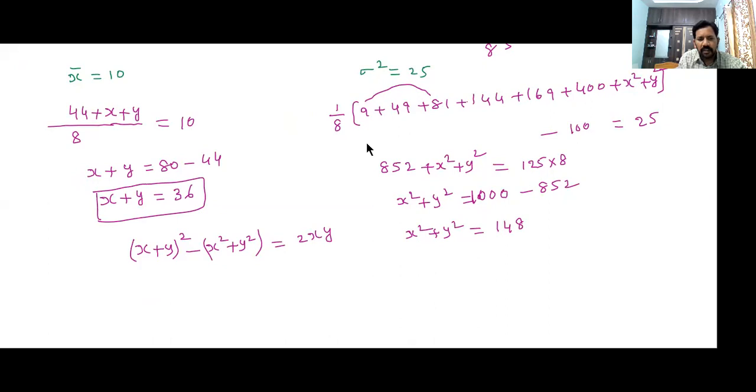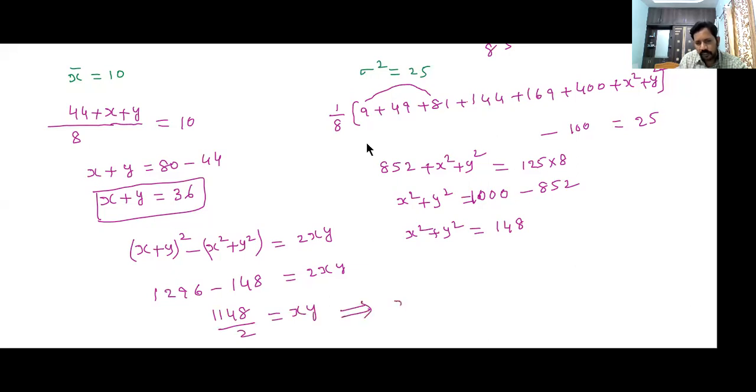Now x plus y whole square, this is the x plus y value. How much is there? 36. What is 36 whole square, students? 36 into 36. How much do we get? 1296 minus 148 is equal to 2xy. 1296 minus 148 is 1148, divided by 2 is equal to xy.